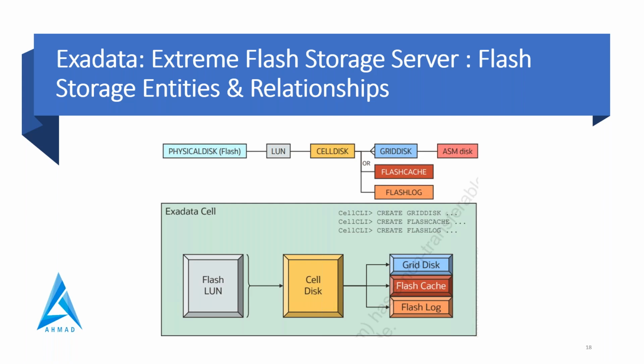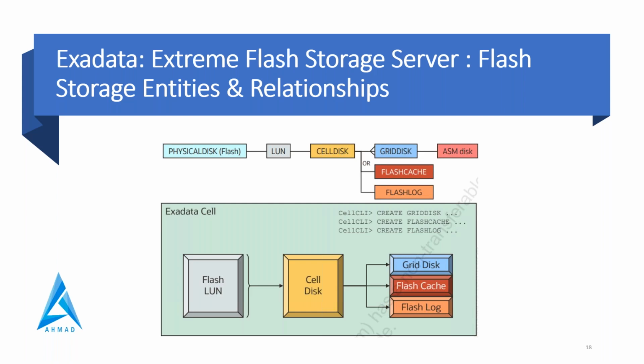And like the Exadata high capacity storage server disk and flash devices, each flash device or drive is visible to the Exadata cell software as a LUN, and each LUN contains a cell disk. By default, 95% of the available space on each Extreme Flash cell disk is used for data storage.